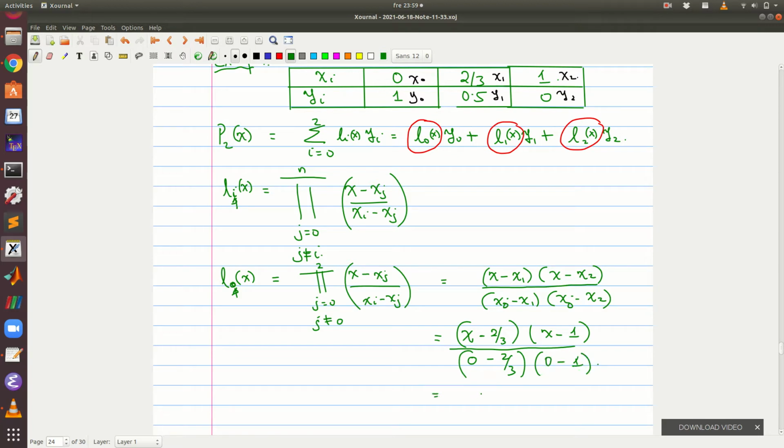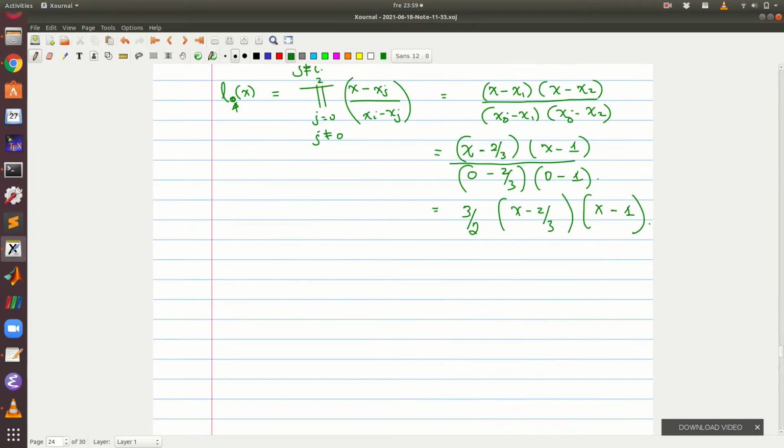So we know this is negative 2/3 and negative 1. That will give us, we are dividing everything by 2/3, so we shall have 3/2 here into x minus 2/3 into x minus 1. You can please check for any mistakes made.